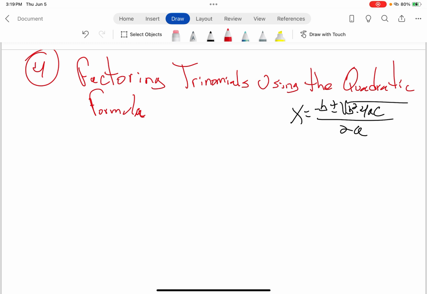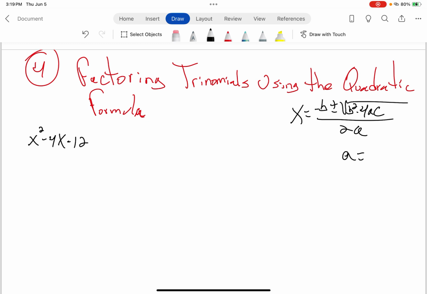And I will bring an example for you, which is x squared minus 4x minus 12. So to find A, A will be equal to the number in front of the first variable squared, which is x squared.